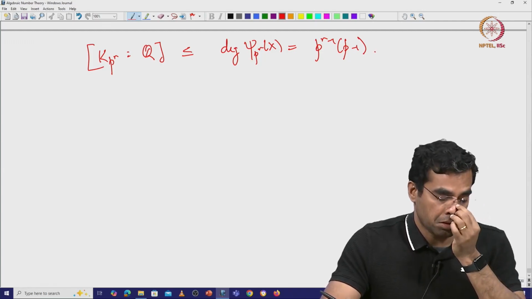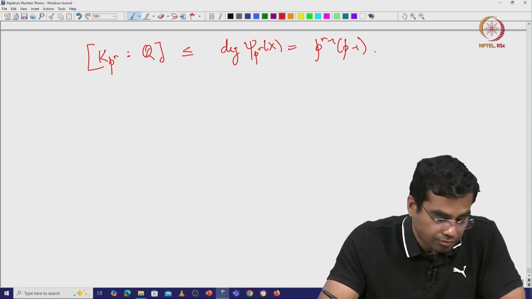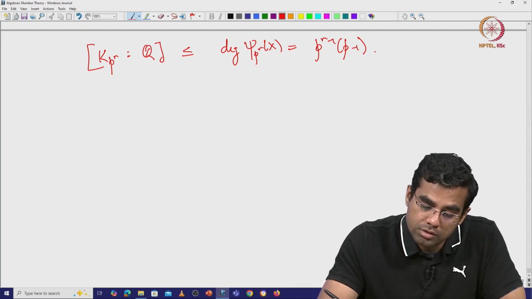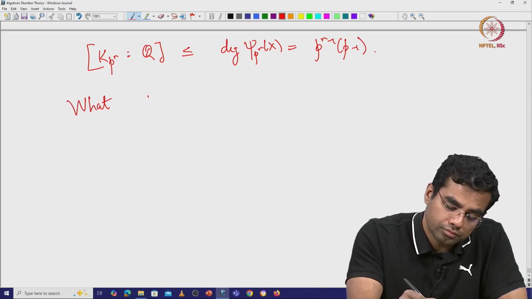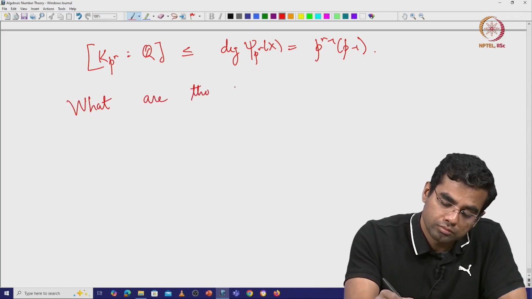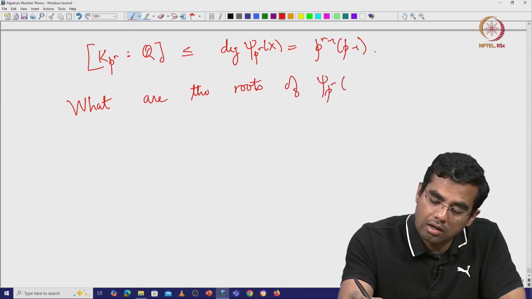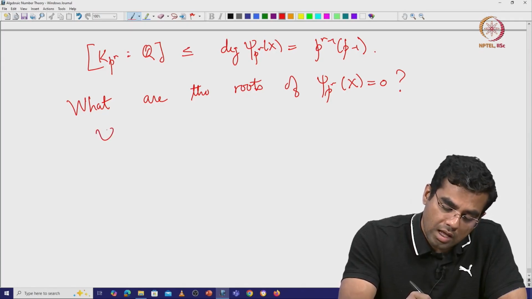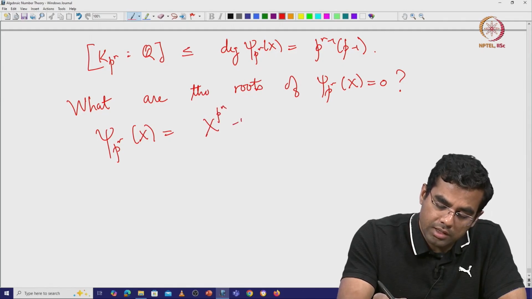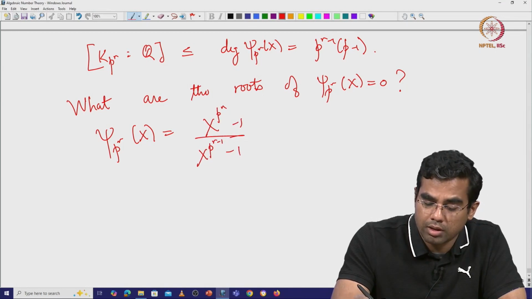Okay. All right. So, that is one thing. Now, what are the roots of psi p to the r (x) equal to 0? We know that psi p to the r of x is x to the p to the r minus 1 over x to the p to the r minus 1 minus 1.